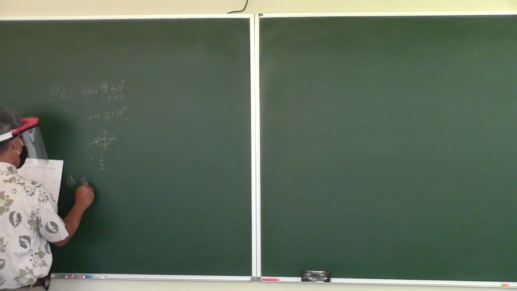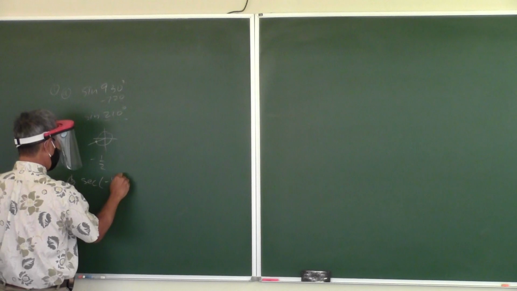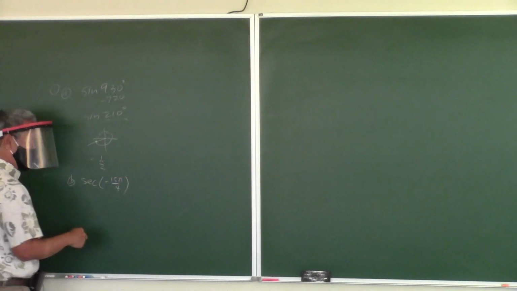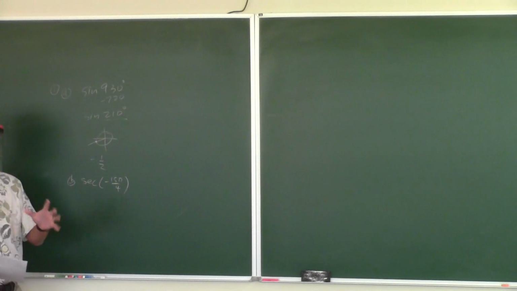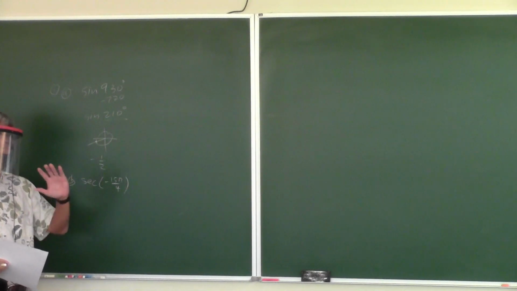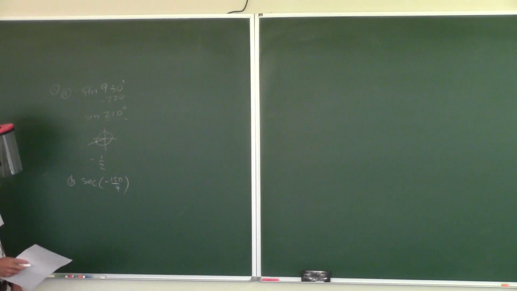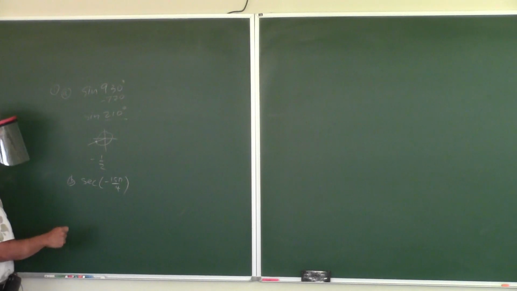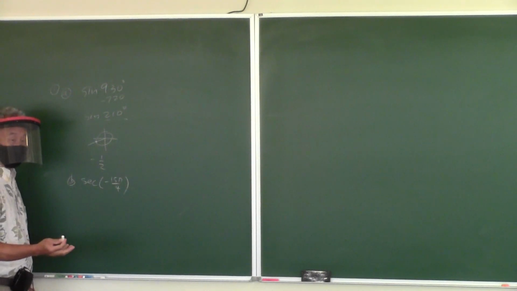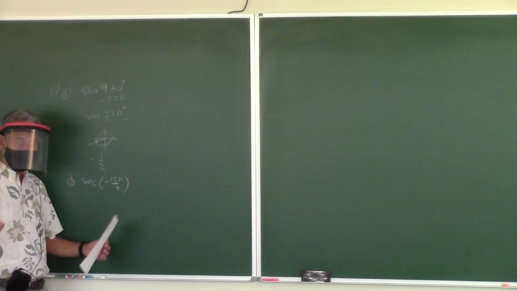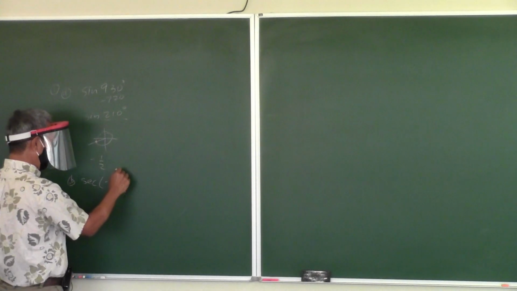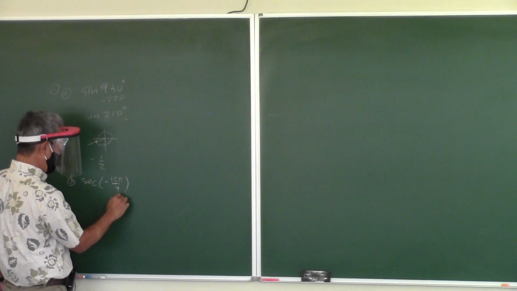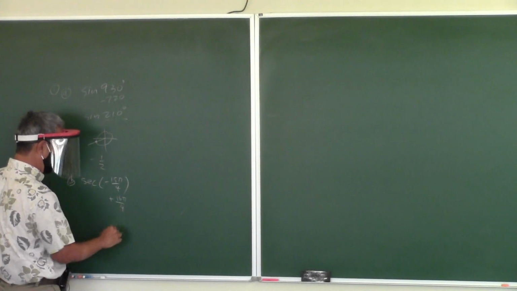B, secant of -15 pi over 4. So when you work in radians, you can add any multiple of 2 pi to the angle and be at the same place, right? So what would be a good multiple of 2 pi to add to that? 4 pi. So you can add 2 pi, 4 pi, 6 pi, whatever, but 4 pi is good, because isn't 4 pi the same thing as 16 pi over 4? Yeah.